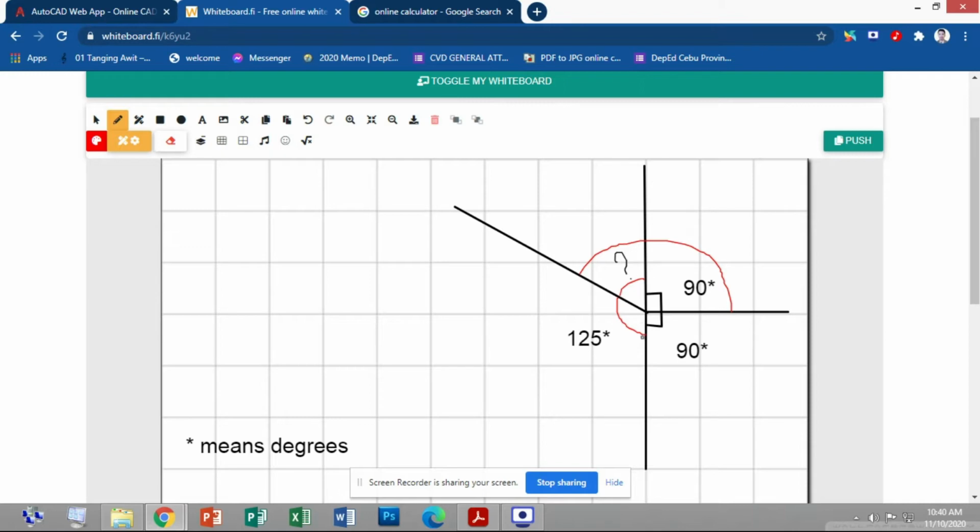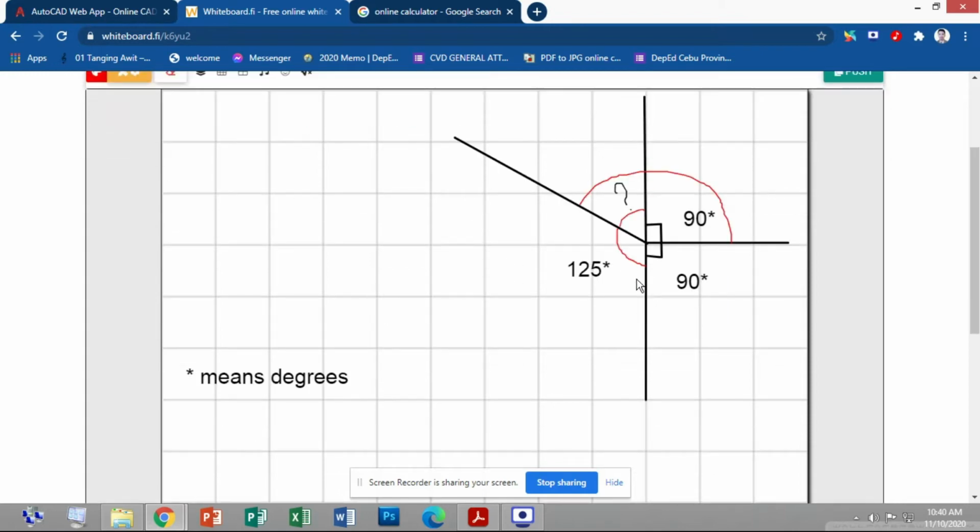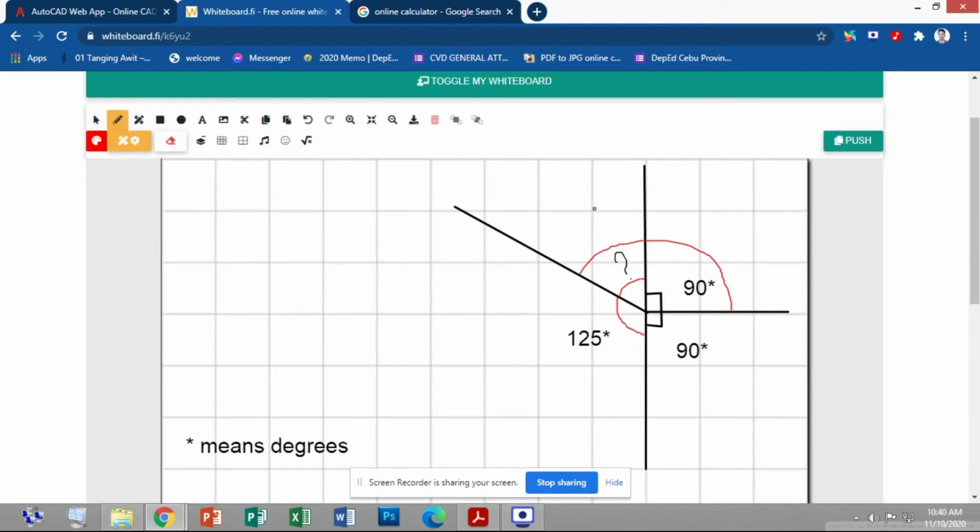We know that this straight angle is 180. So, itong 180 na ito from this point to this point, 180 yan. Alam natin that this is 180 kasi nga straight angle, 180 degrees yan.